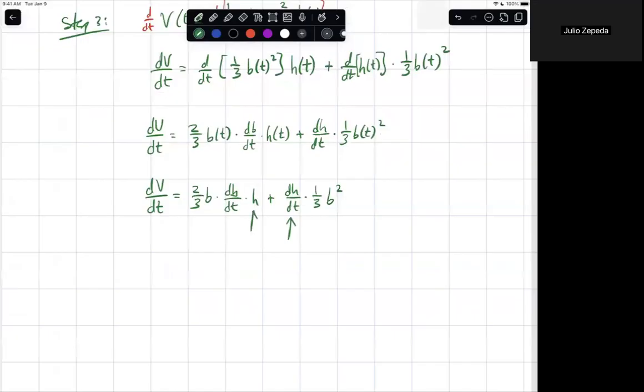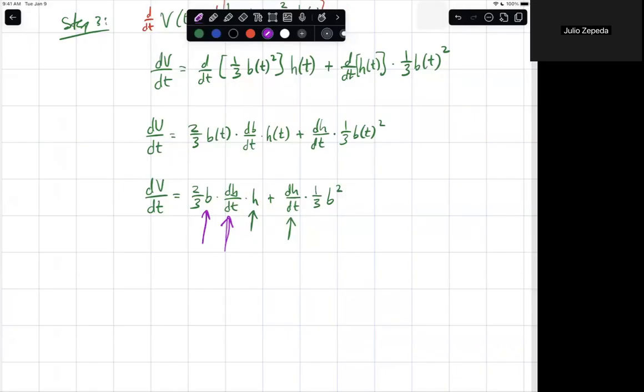We have h equal to 3, but what about db/dt? Notice that we also end up with a db/dt and a b. The height at the time in question is 3 meters, but what's the base length? That wasn't given. And what is db/dt?